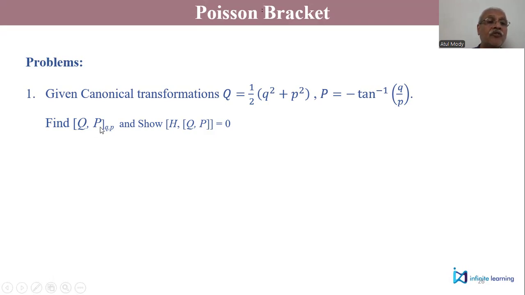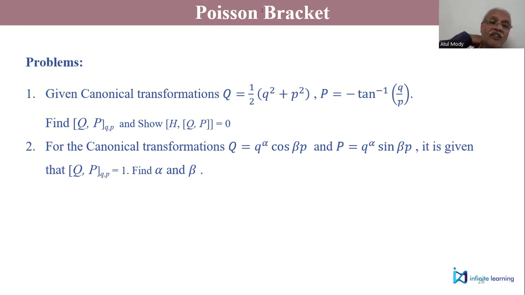Then you find Poisson bracket of new coordinate and new momentum with respect to old coordinate and old momentum. So you take dou q by dou q, dou p by dou p minus dou q by dou p and dou p by dou q. Okay, so you have the functional forms, you take the differential and find the value. And you have found q and p. And if it is a functional form, then find its Poisson bracket with h, Hamiltonian.